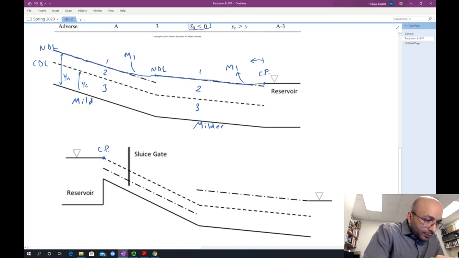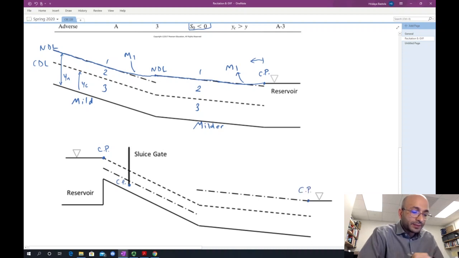The point at the tip of the sluice gate is also a control point. We know the sluice gate will force the water to get to that level. And finally, where the mild channel meets the second reservoir, we know the water depth there, so that's your control point.